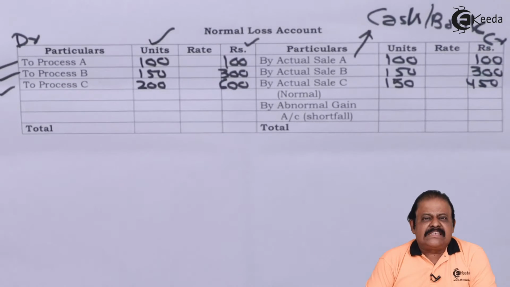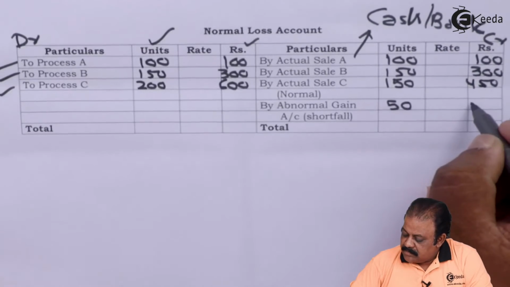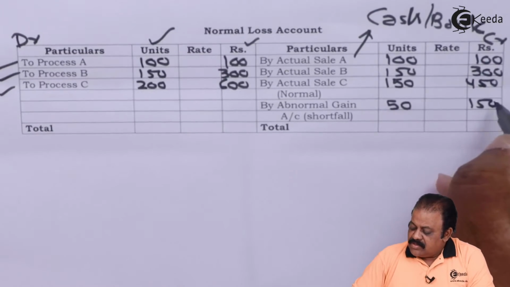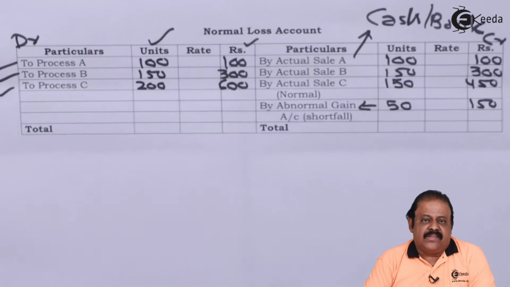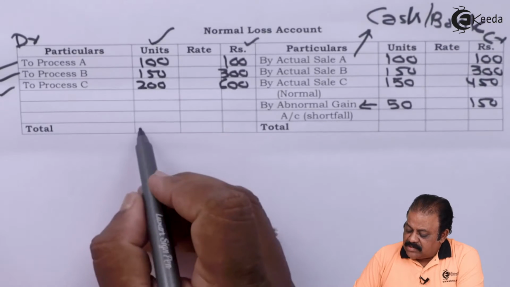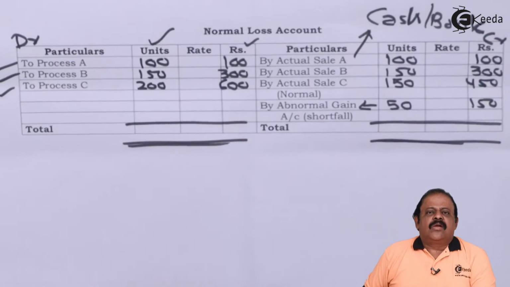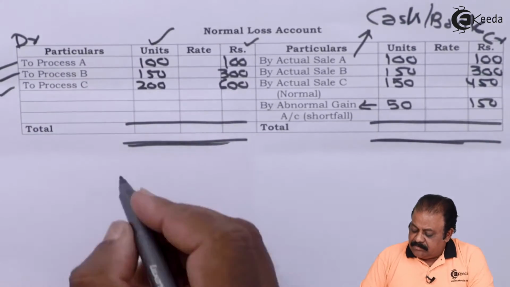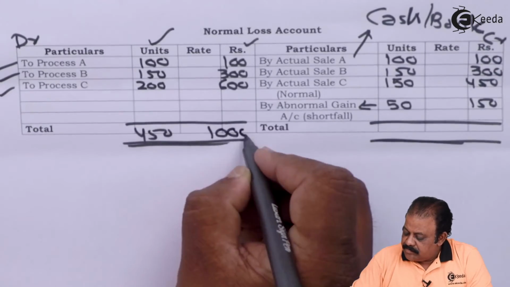What we couldn't receive, the value of 50 units, 150 rupees, will be transferred to the abnormal gain account. Whatever shortfall is there will be transferred to the abnormal gain account, and now we can close the normal loss account. On closing the normal loss account, units will tally and the amount column will tally.